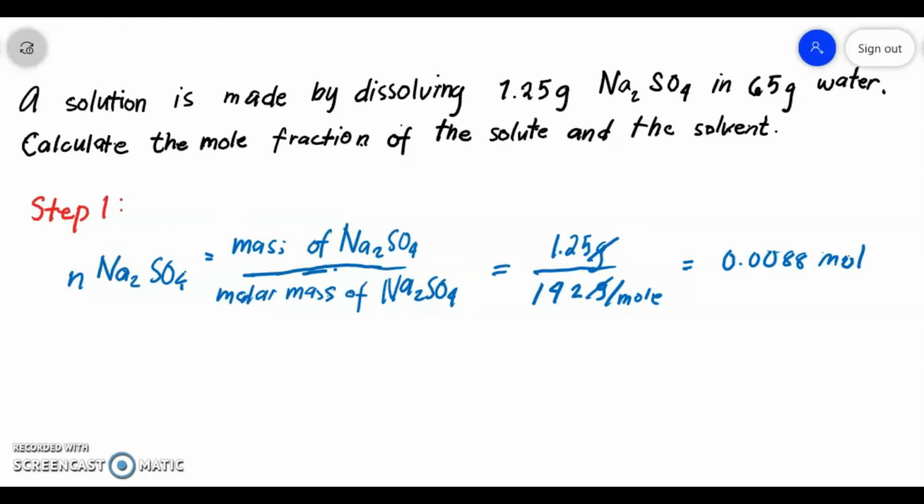Step 2 would be to solve for the number of moles of solvent. The solvent is our water, H2O. So we have the number of moles of H2O equal to the mass of H2O divided by the molar mass of water, the solvent.